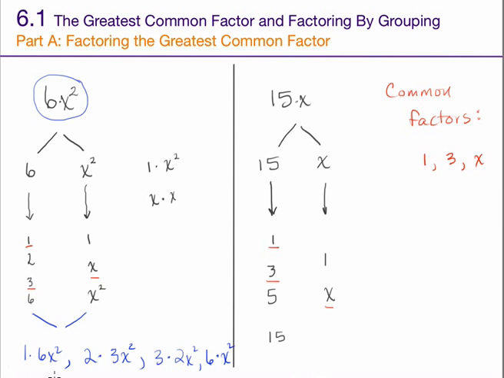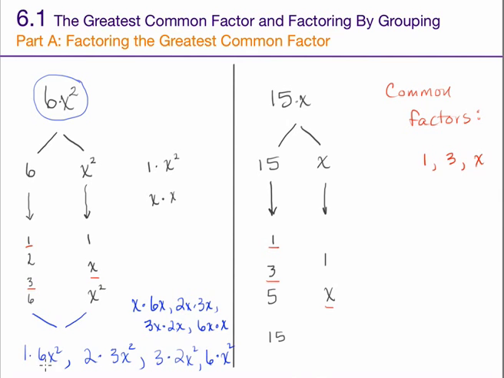And that's not it either. I could also write 6x squared as x times 6x, 2x times 3x, 3x times 2x, or 6x times 1x.